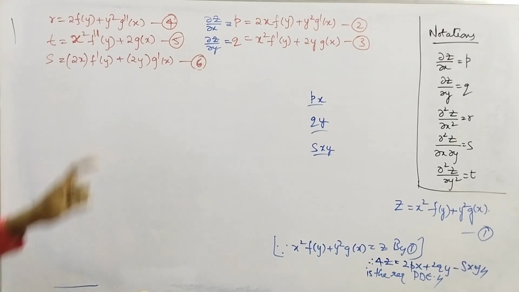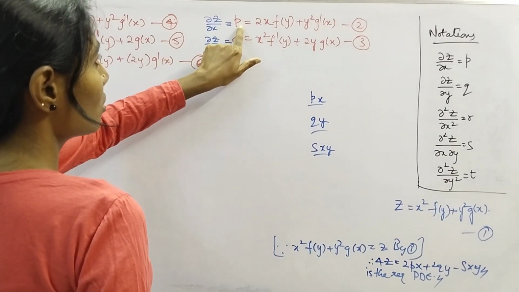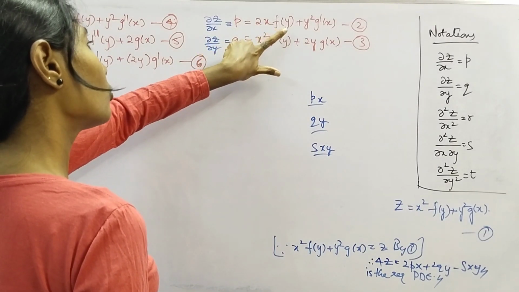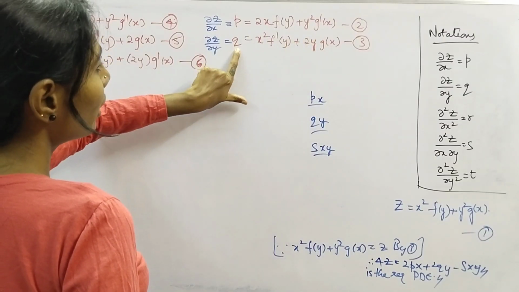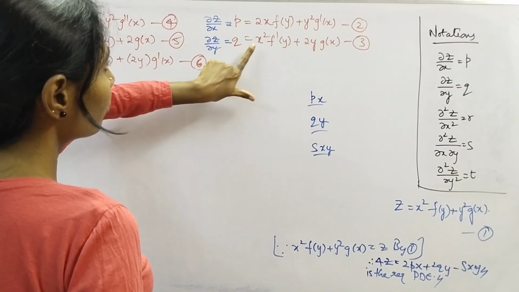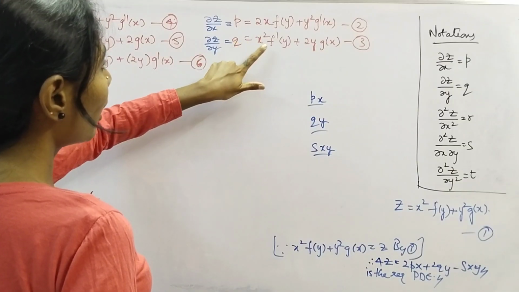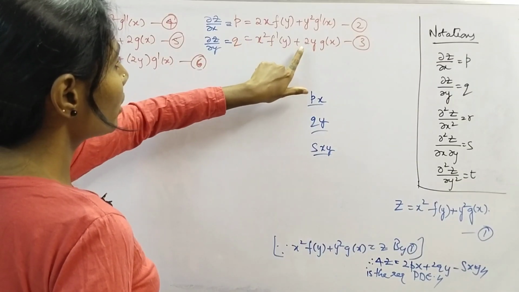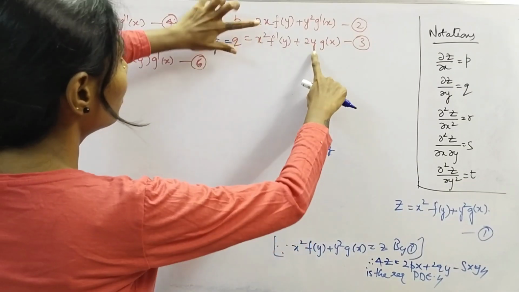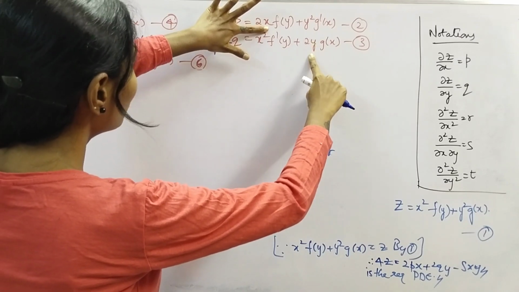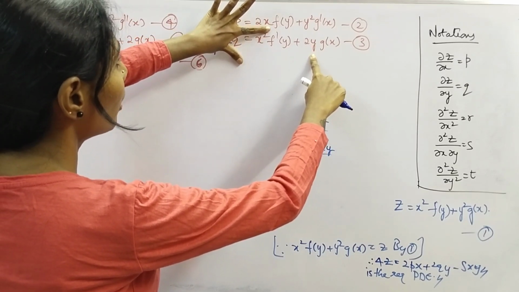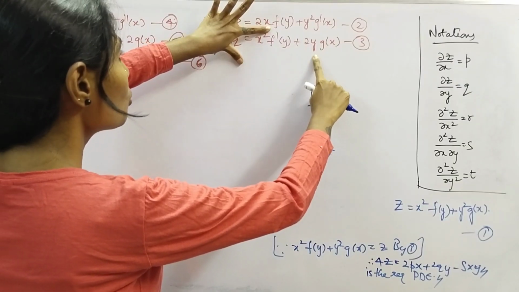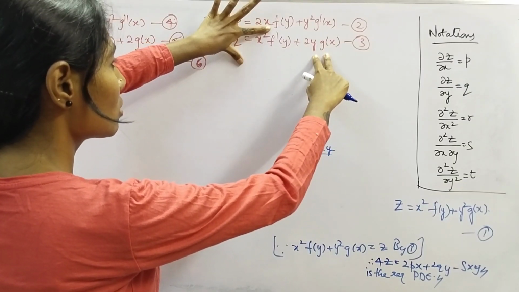Okay, what happens if we multiply x to this? You'll have 2x square f of y plus xy square g dash, and if you multiply this with y, you'll have qy equal to x square y f dash plus 2y square g of x.